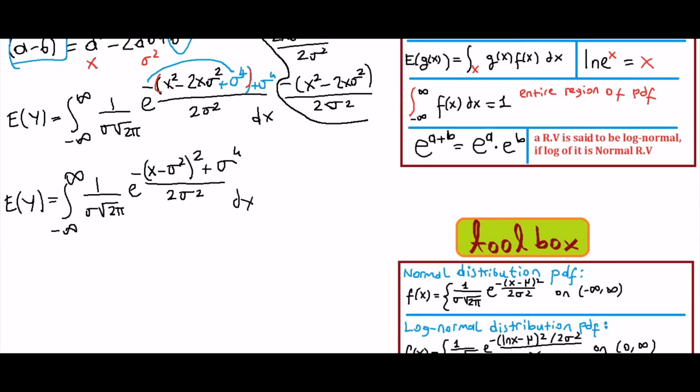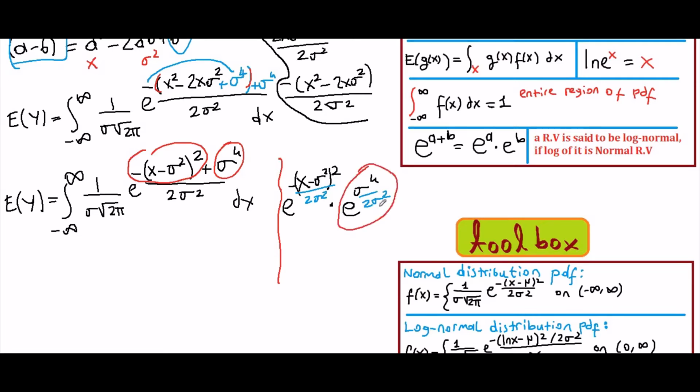Now using the exponential rules we can separate the terms here, this term and that term in the power of e with the common denominator 2 sigma squared. So we can separate it as e to the negative x minus sigma squared, the quantity squared, times e to the sigma to the fourth, where they have the common denominator 2 sigma squared.